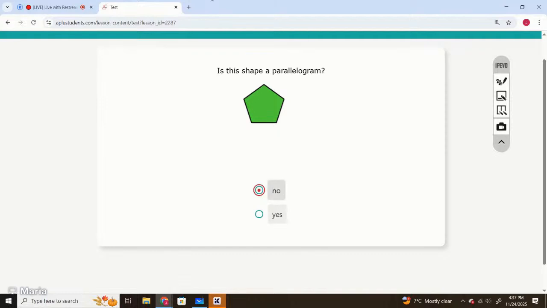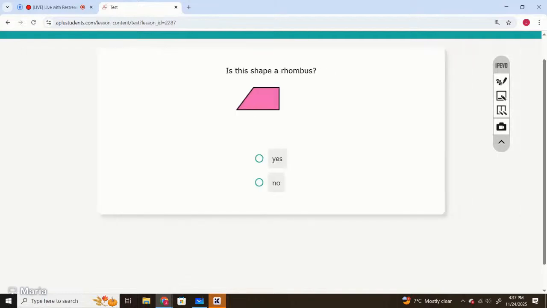The correct option is no, that is not a parallelogram. Is this shape a rhombus?